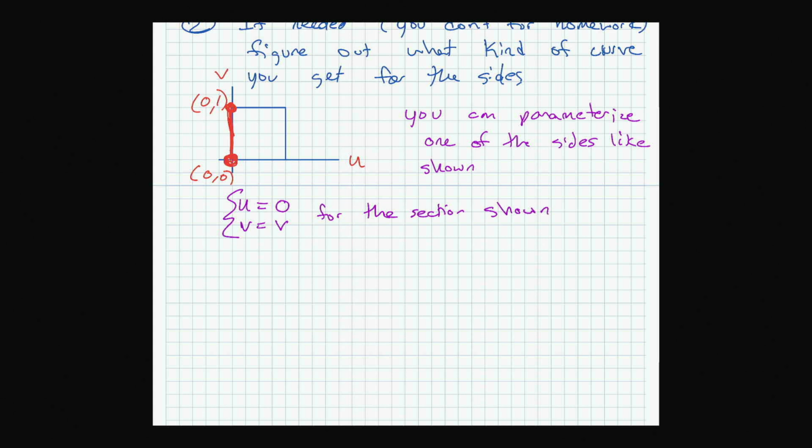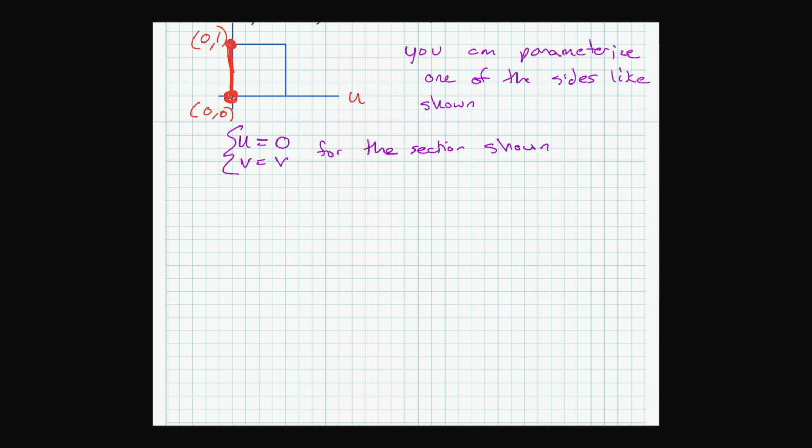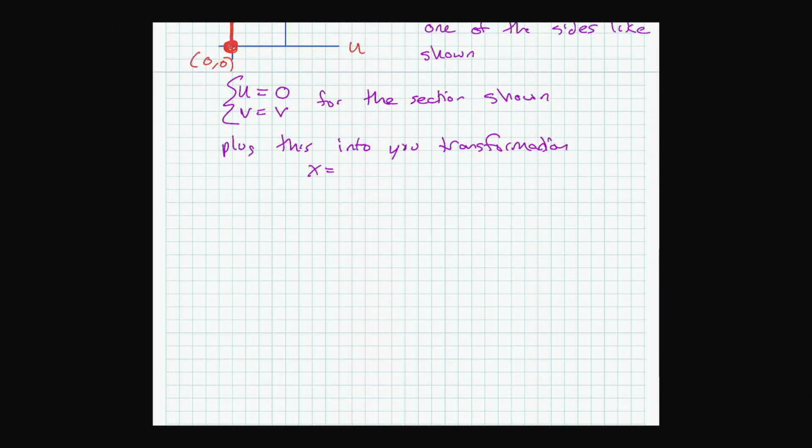Okay. Then what you can do is plug that into your transformation. So your transformation was, what was it? x was 4u minus 8v, and then y was 4u plus 8v, right?